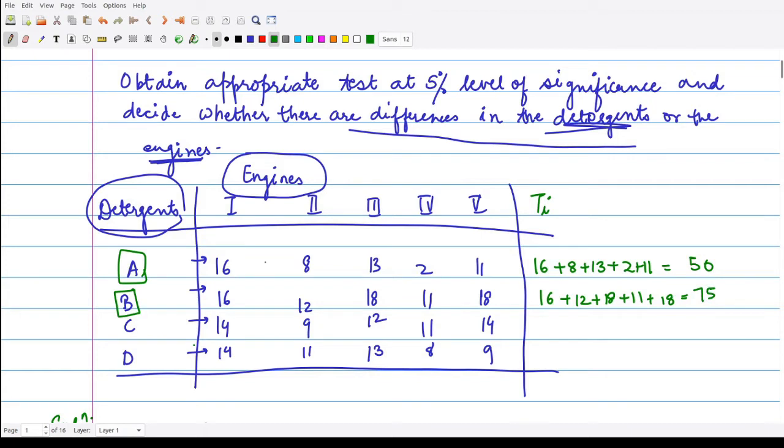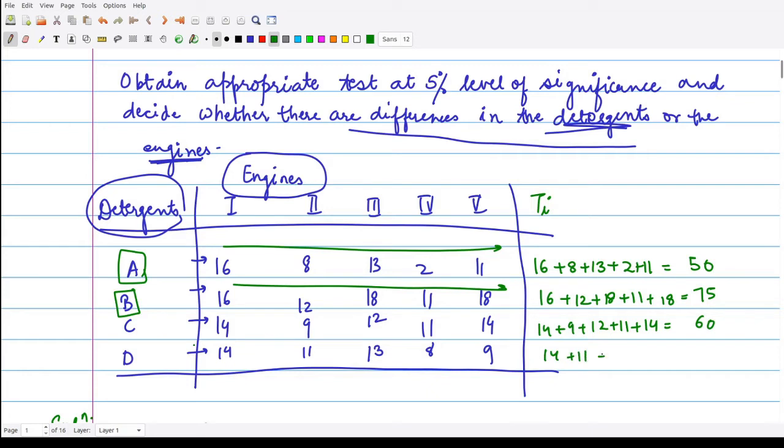So that means you are adding this row wise, right? For the next you will have 14 plus 9 plus 12 plus 11 plus 14, which will come out to be 60. And then finally you have 14 plus 11 plus 13 plus 8 plus 9, which will come out to be 55. So this is Ti.